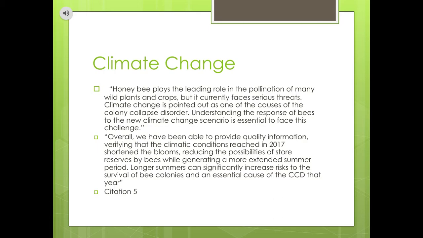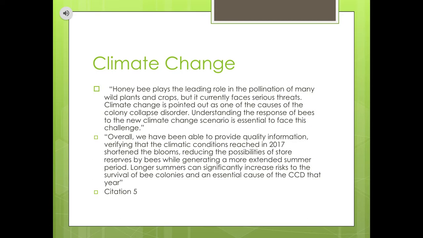serious threats. And so this is citation 5, and they measured 2016 and 2017. And then the next slide, I encourage you to look over the figure, and it shows the difference. But I'm going to read the quote here.